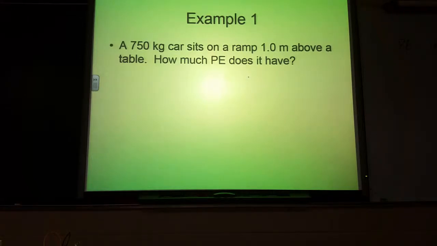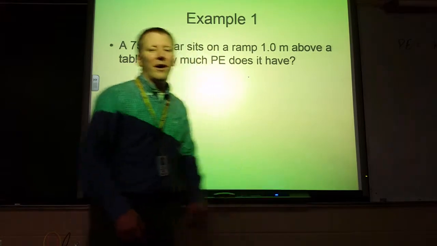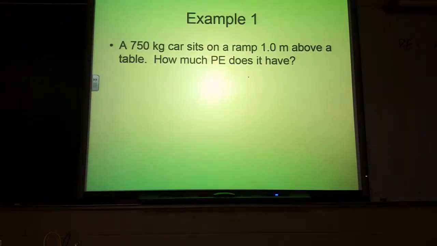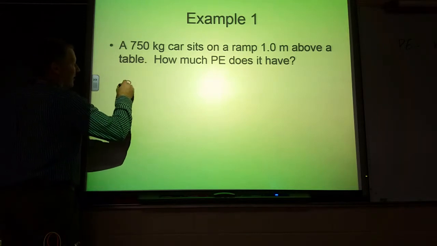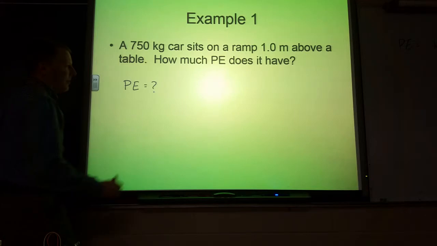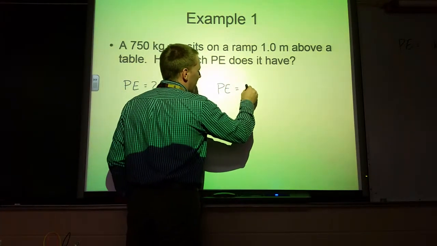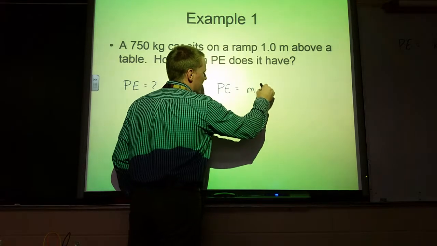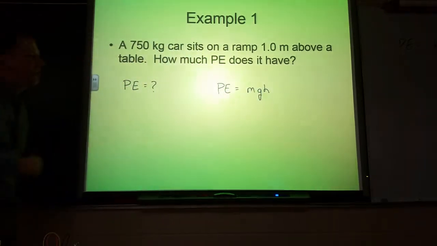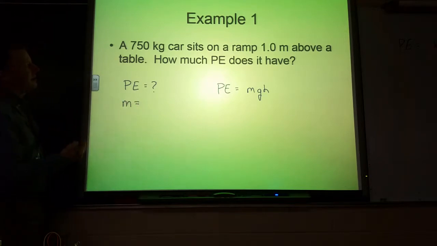Okay, as usual, what I'd like you to do first off is identify what you are trying to find. So it says how much potential energy does it have. And that means from our equation, PE equals M times G times H, we should be able to identify those other three things, which in this one is also straightforward.